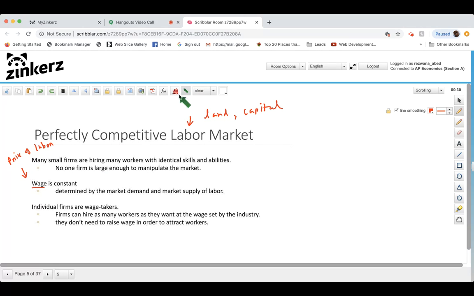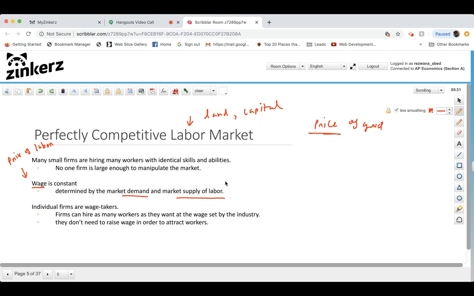When we talked about the product market, we only talked about price, so we just called it price. But here, of course, we're talking about labor as a factor of production. So the price of labor is wage, and therefore wage is constant in this perfectly competitive labor market, and it's determined by the market demand and market supply of labor.